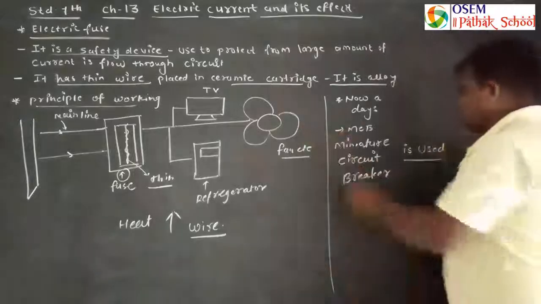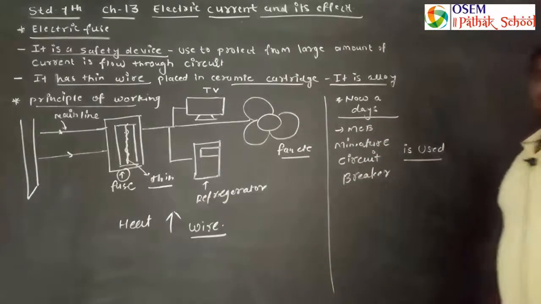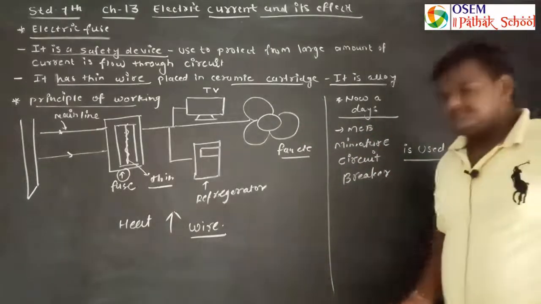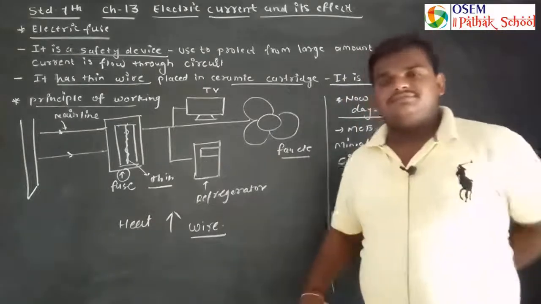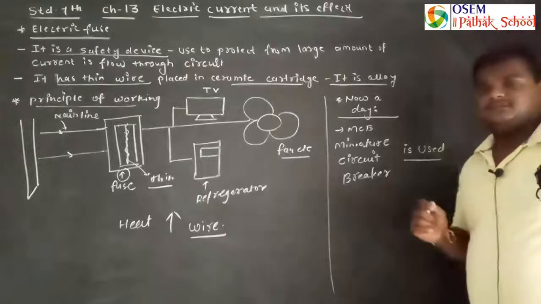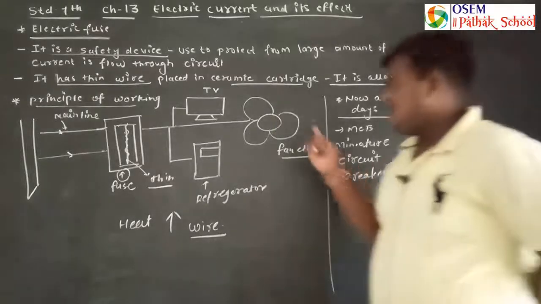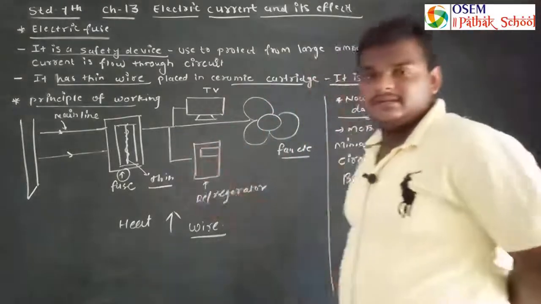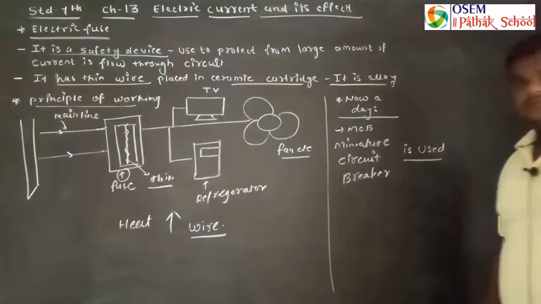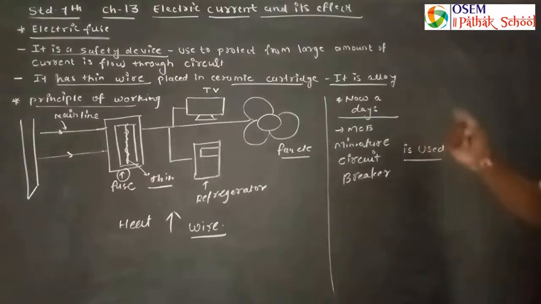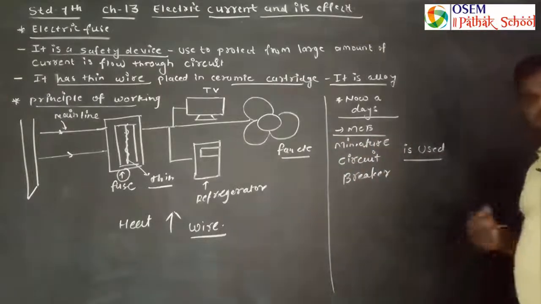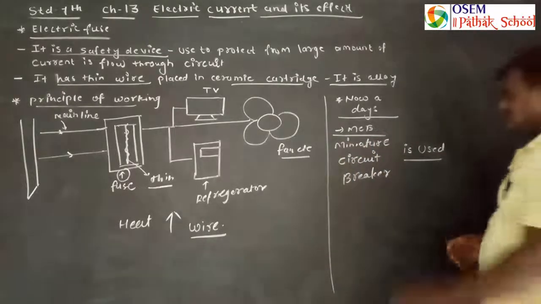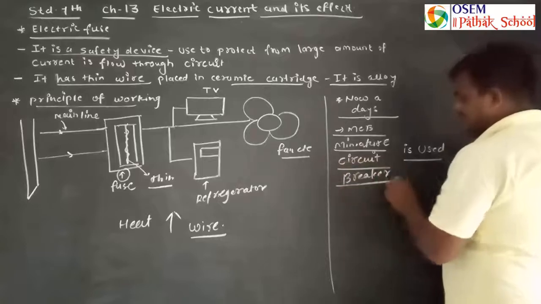Now nowadays there is a replacement for the fuse, because sometimes, due to some factors, the wire of the fuse does not melt, and then appliances like the TV and refrigerator get spoiled. That's why instead of a fuse nowadays we are using an MCB. What is an MCB? MCB is known as a miniature circuit breaker.